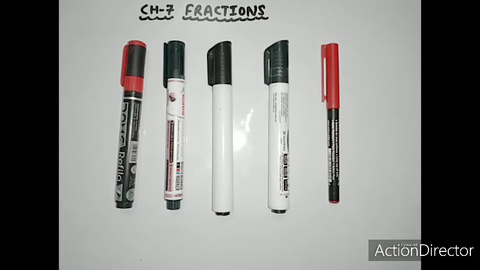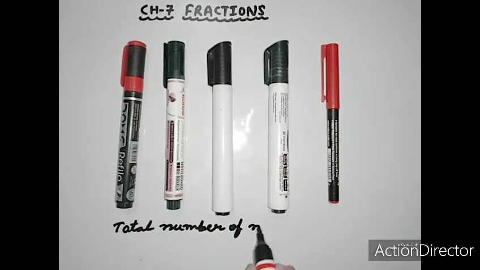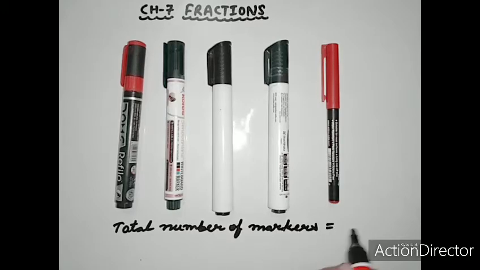There are total 5 markers: 1, 2, 3, 4, 5. So here we write total number of markers equal to 5.